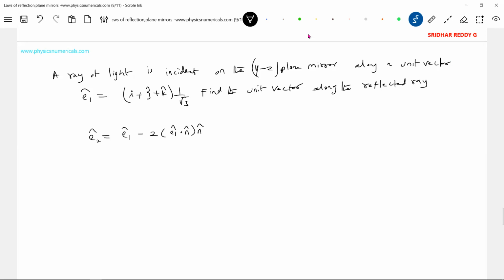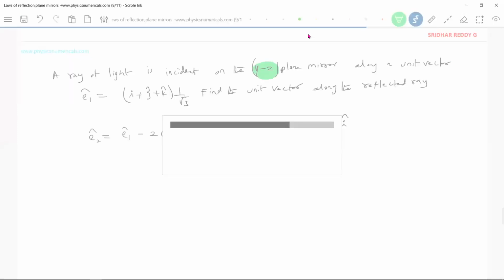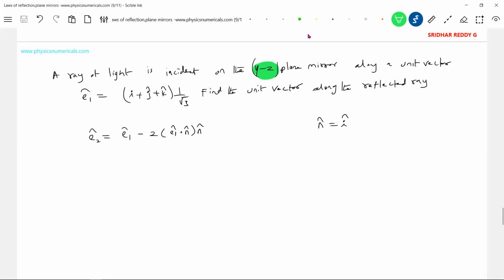So N should be the I cap, because the mirror lies in YZ plane, so the normal vector should be perpendicular to the plane of mirror. Okay, I agree with this. So the N cap should be equal to I cap.